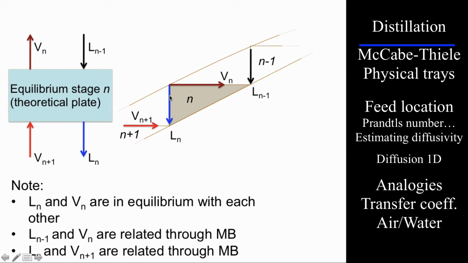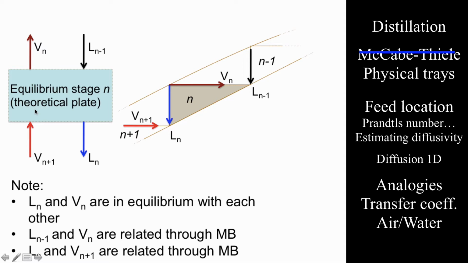Each point on this line has a specific composition in the liquid phase, so that's the composition of Ln, and each point on this line has a specific gas composition, and that's the composition of the vapor flux. So Ln-1 is this line over here. That's the flux coming down to this equilibrium stage. And Vn+1 is the one down here, and that's the flow coming up to this equilibrium stage.